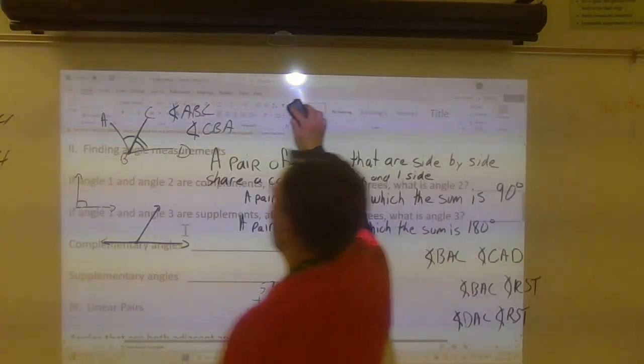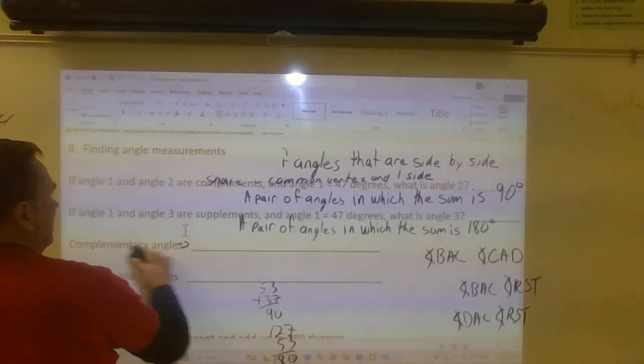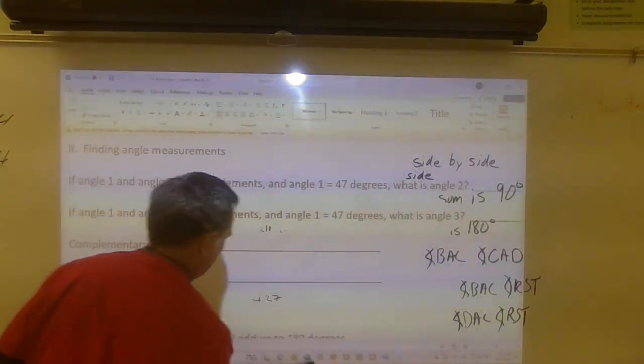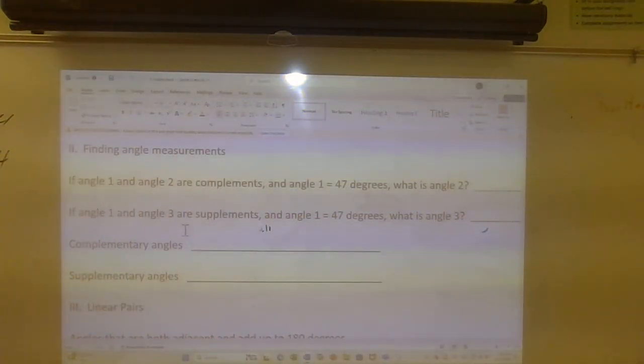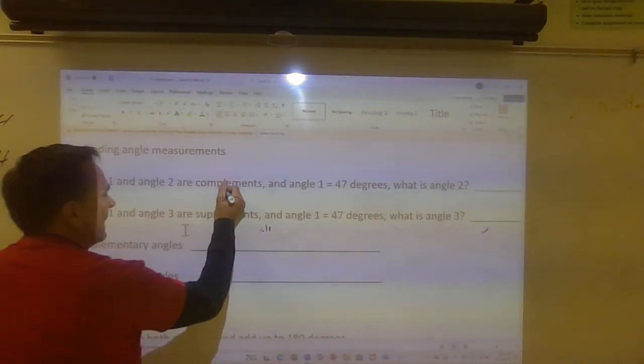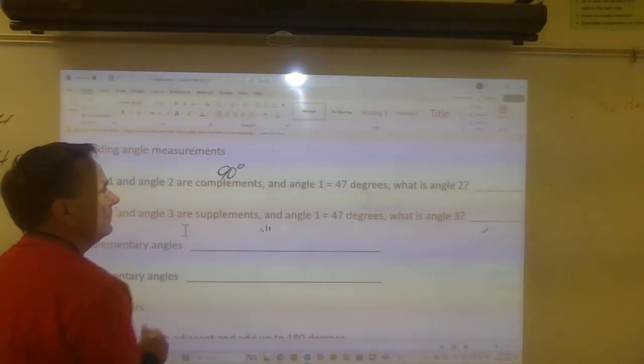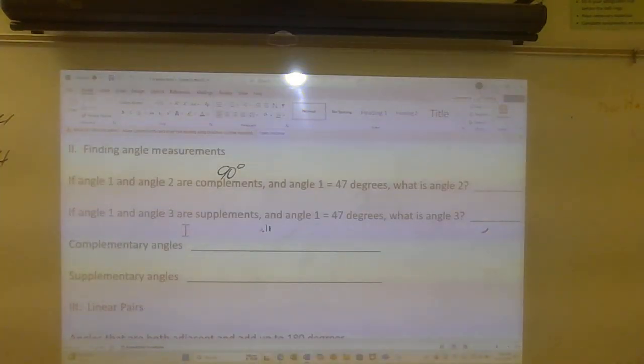So the next section, looking for angle measurements. It asks if angle 1 and angle 2 are complements, meaning they have to add up to 90 degrees. And angle 1 is 47. What is angle 2?